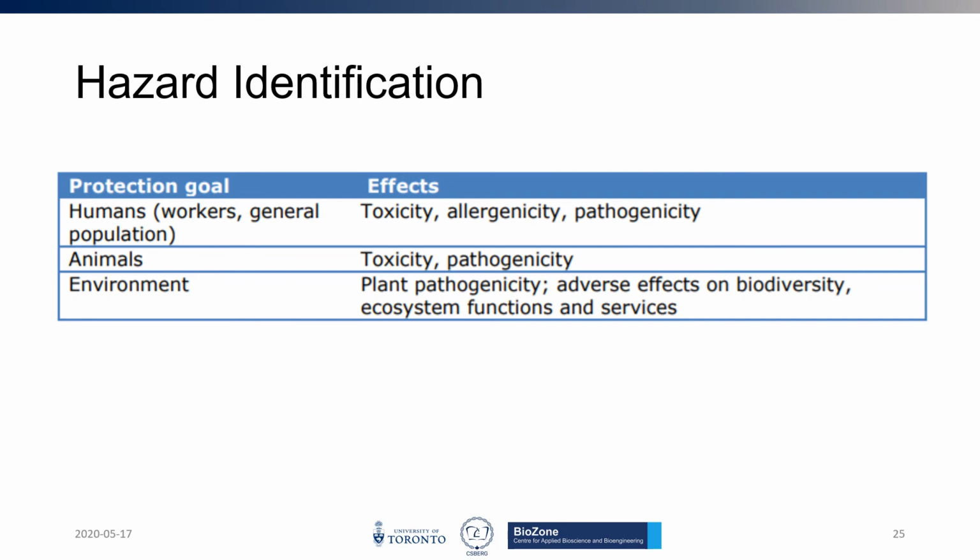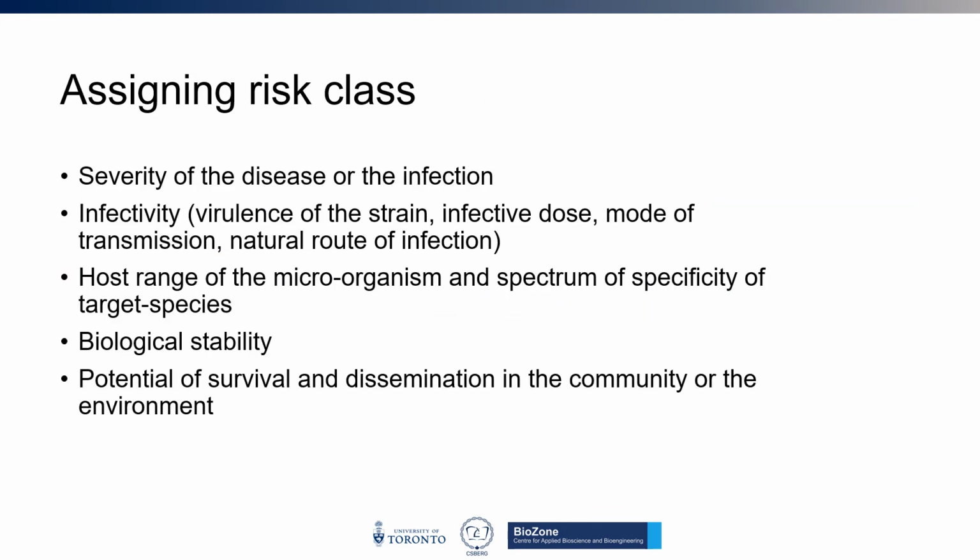So you would do tests on toxicity, on the level of pathogenicity, on the transmissibility of the technology, and based on that hazard identification, you would assign a risk class. A bunch of factors go into that decision process.